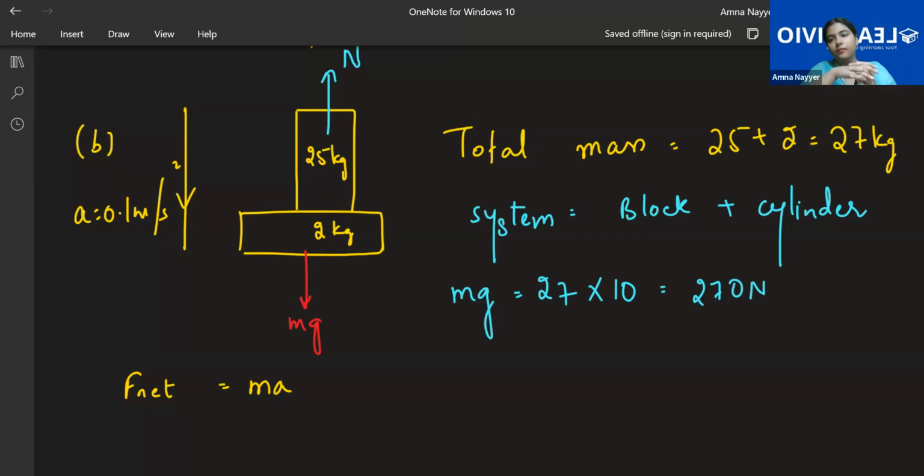Now you're asking for substitution. I'm asking what should be my F net. Till here, all of you have understood that we have to use F net equals ma. Now, how will I solve this? What is the net force here? mg minus N is equal to ma. Exactly, see class, mg minus N.